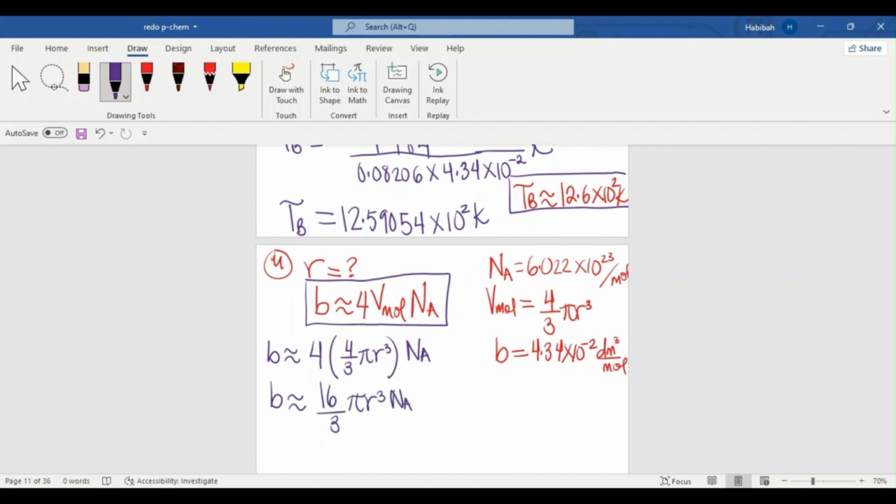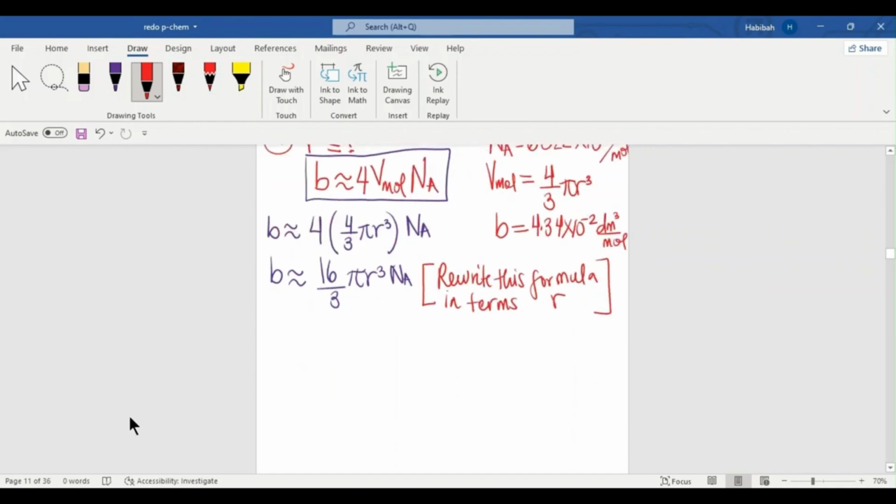So the next thing you have to do is rewrite this formula in terms of what we're solving for. So in this case, I'm going to rewrite this formula in terms of r. When we do that, I'm not going to write the breakdown of how we did it because you guys are taking physical chemistry. So at this point, you're supposed to be able to know how to do it.